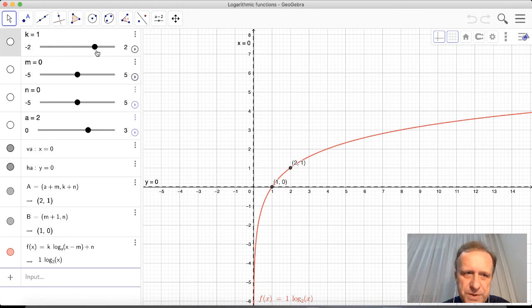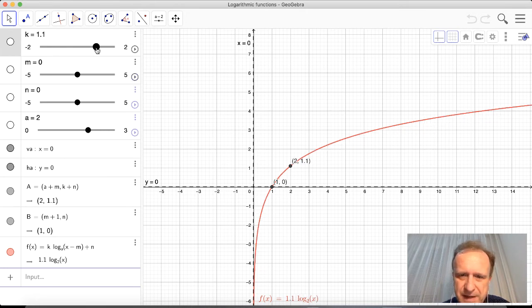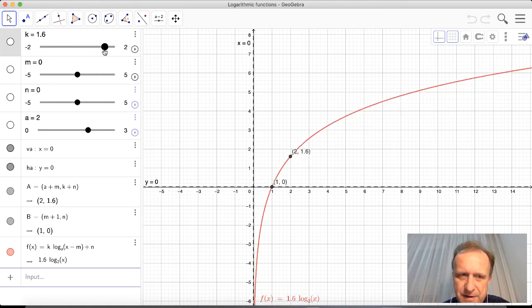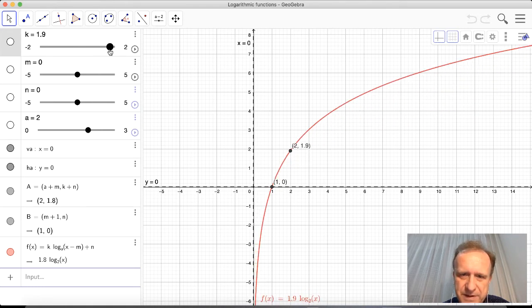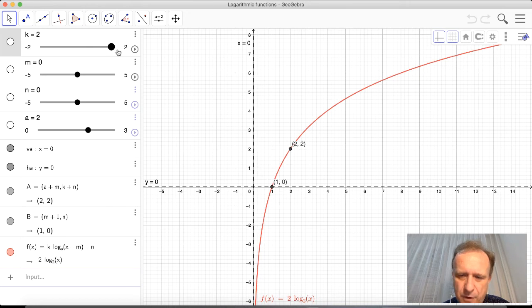Now, look what happens if I increase the value of k. So if I increase k, the graph is scaled vertically away from the horizontal x-axis. So everything becomes stretched out in the vertical direction. The graph is stretched away from the horizontal axis.